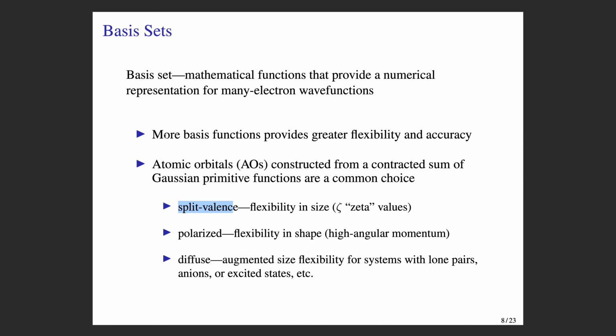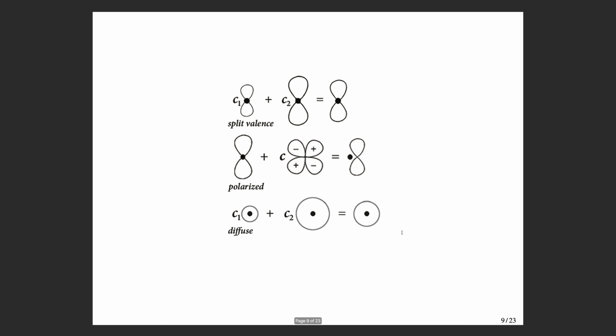The next idea about basis functions that we want to talk about is the idea of polarized basis functions. This allows the basis functions to change shape. And so the idea is that you include basis functions with a higher angular momentum. And so here's what I mean by that.